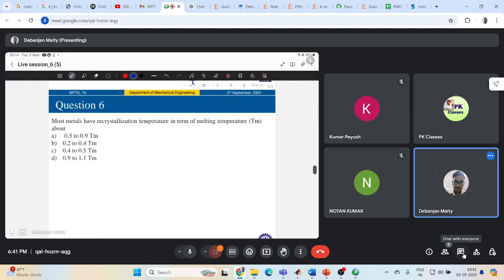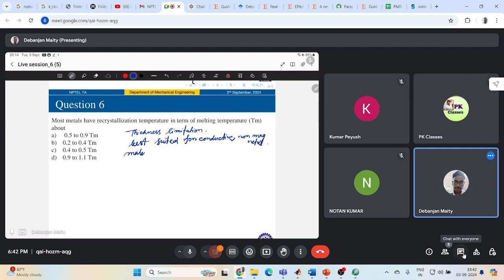So there will be a thickness limitation. Best suited for conductive, non-magnetic materials.